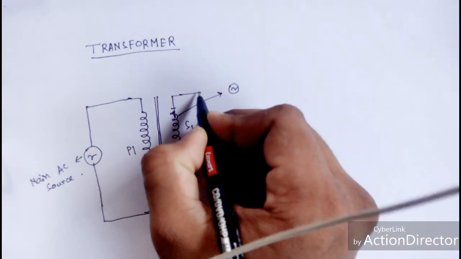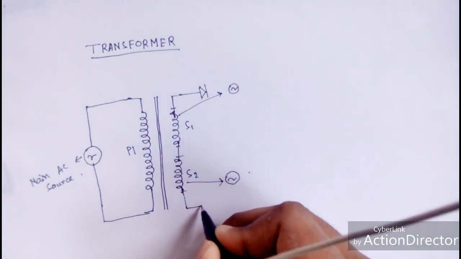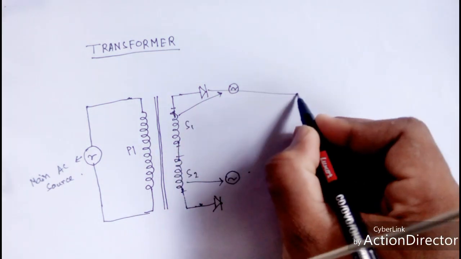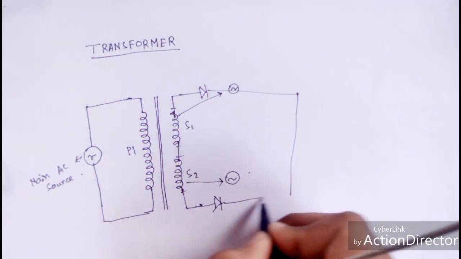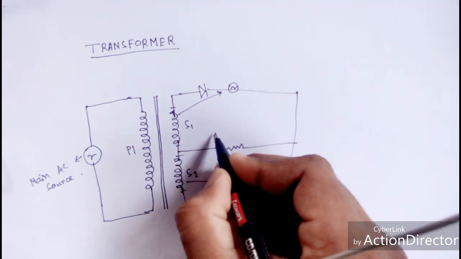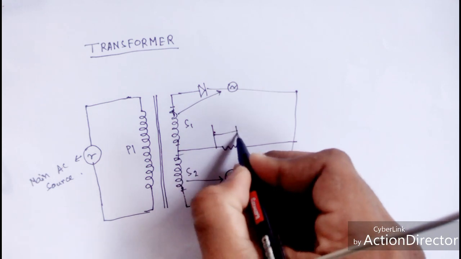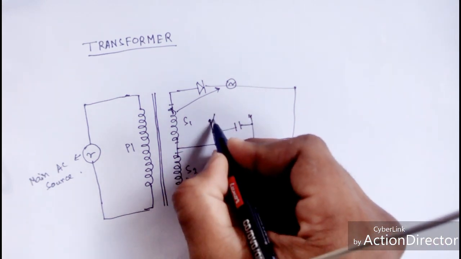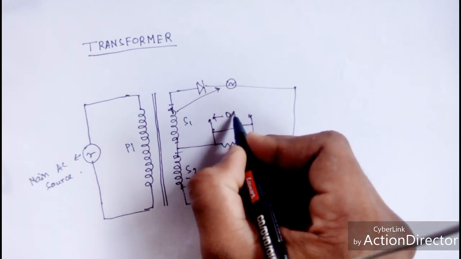Now we can add this diode here, and the circuit will be repeated as this, and load this. Here we will add a capacitor, and here we can get the DC voltage, stable DC voltage.